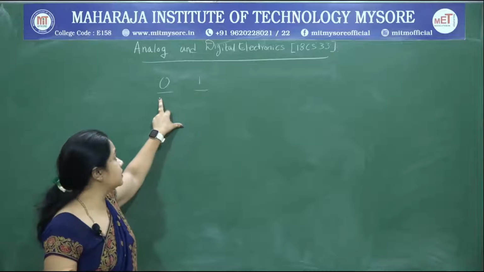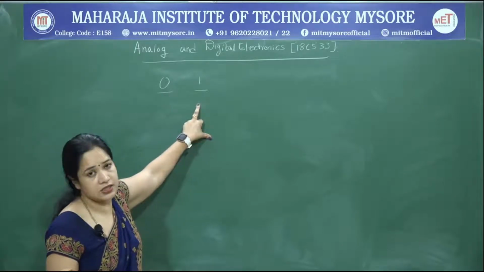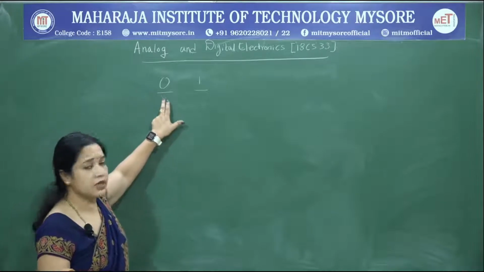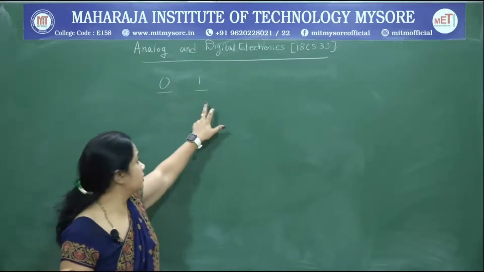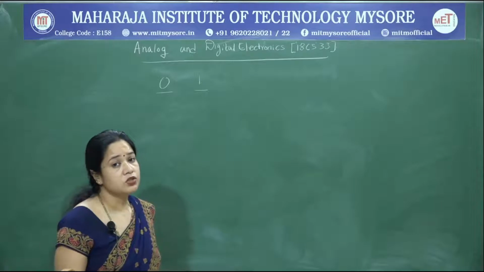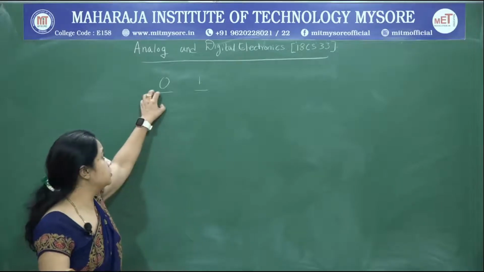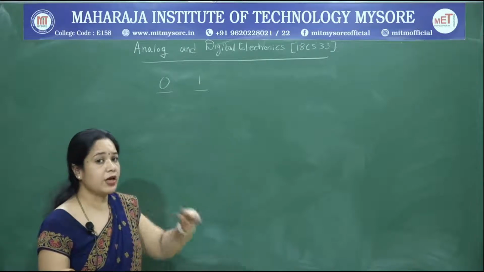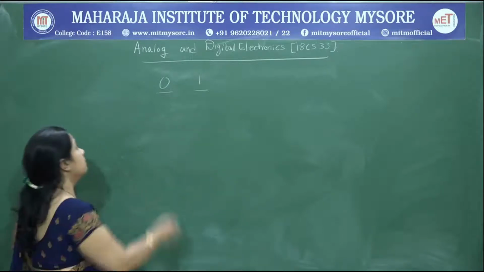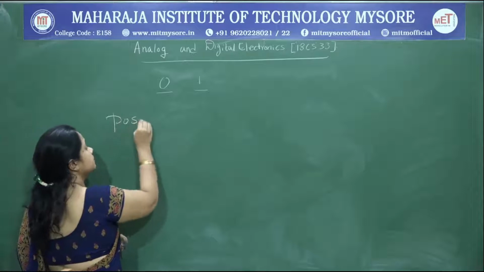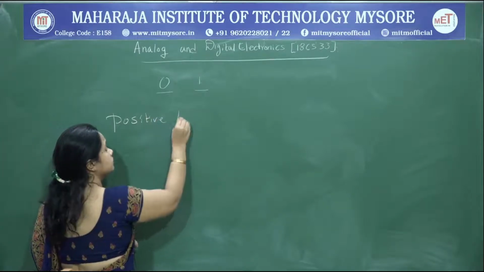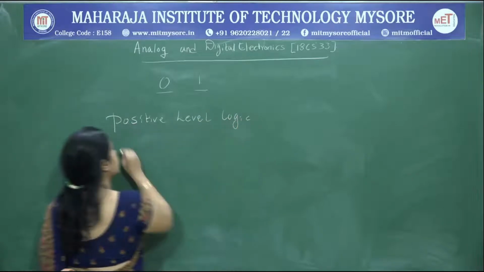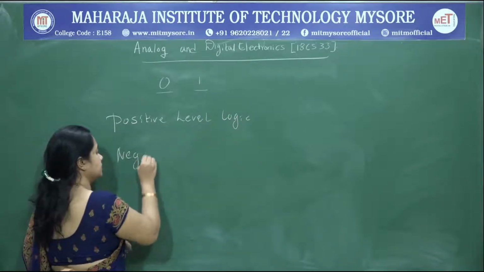So, how to represent a 0 and how to represent a 1 is the next question. We use some signal to represent 0 and some other signal to represent 1. Based on what signal we are using to represent a 0 and what is used to represent a 1, we have 2 types of logic system: positive level logic and negative level logic.